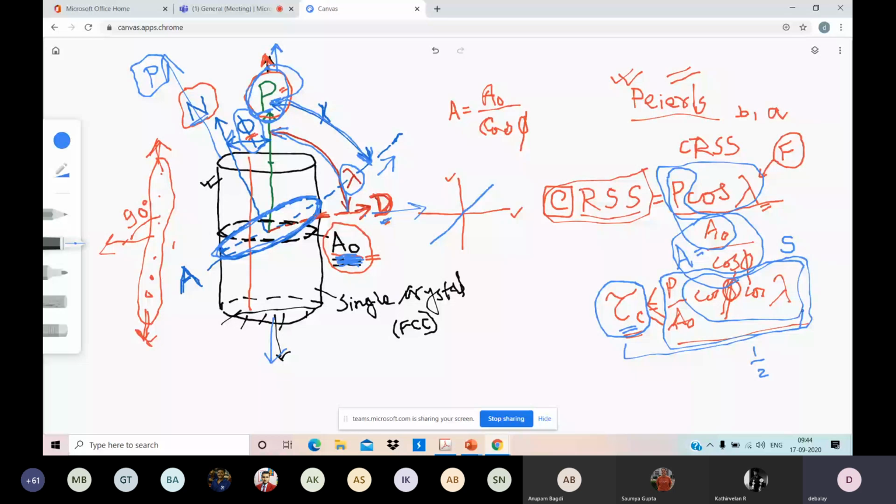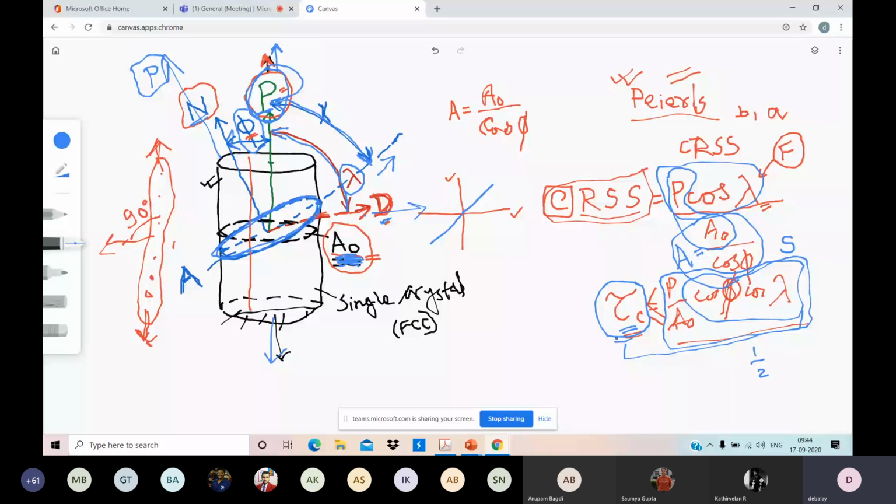So those are basically your barriers. You need to overcome them. So those barriers are your strengthening mechanisms. There can be dislocation. There can be solute atom or other solute atom. There can be precipitate. So these are the obstacles to your road. So you need to overcome all these obstacles to exceed this criticality, to reach that condition so that slip can occur.